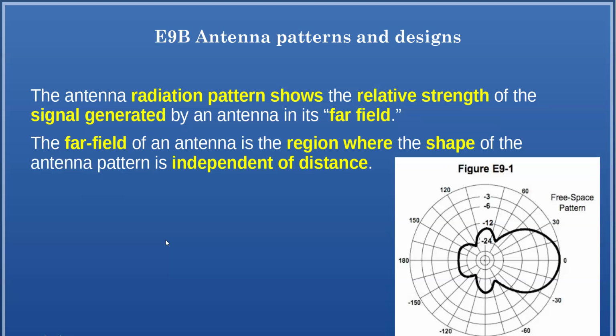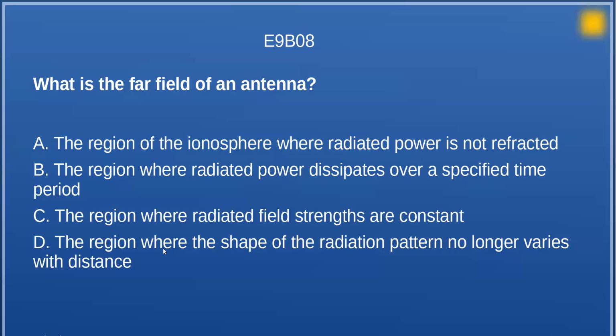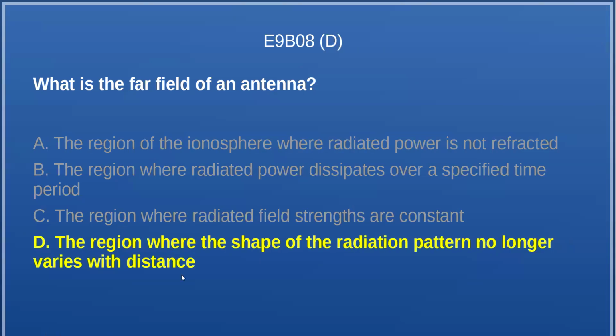Once you get to far field, the distance no longer has any effect on the pattern. The pattern will be the same, just bigger. So what is the far field of an antenna? Radiation pattern stays the same.